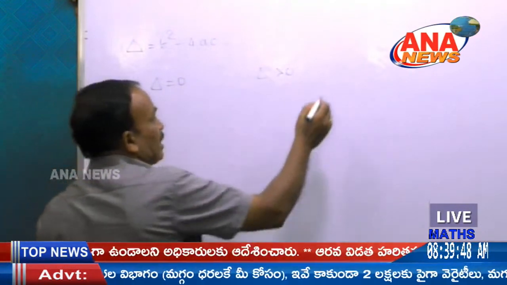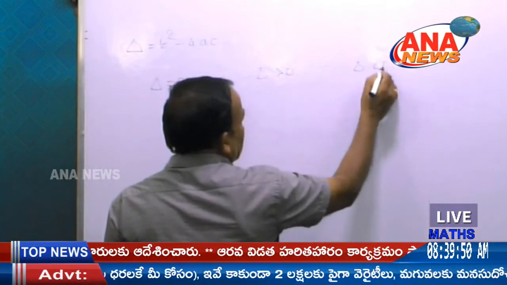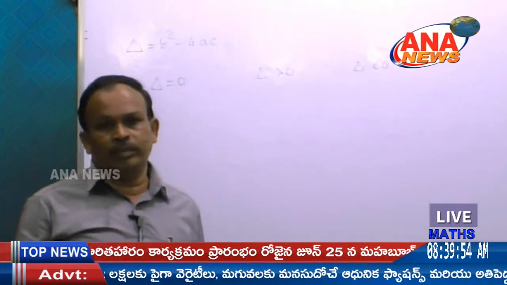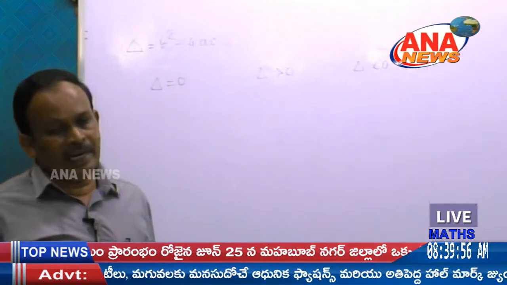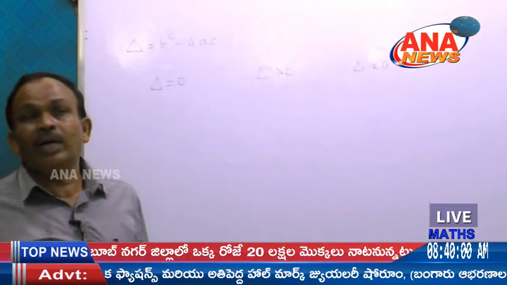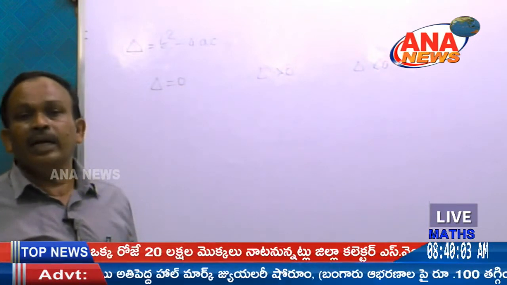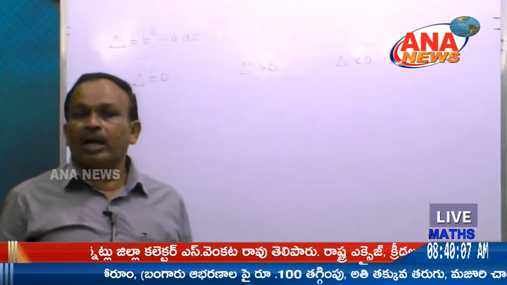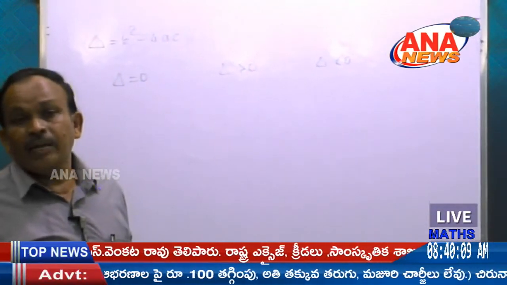If delta is less than 0, that means b square minus 4ac is negative. If b square minus 4ac is negative, the root of a negative value is a complex number, or imaginary. First, it is imaginary.